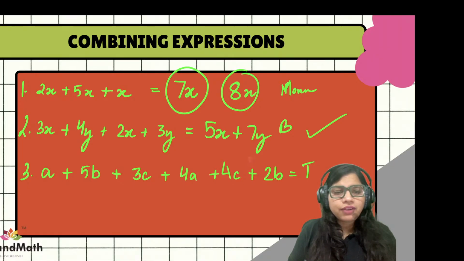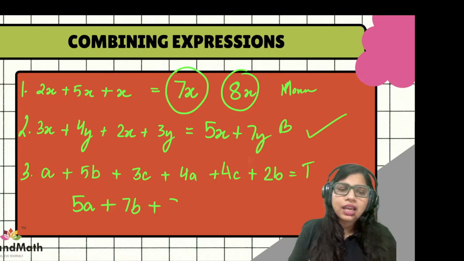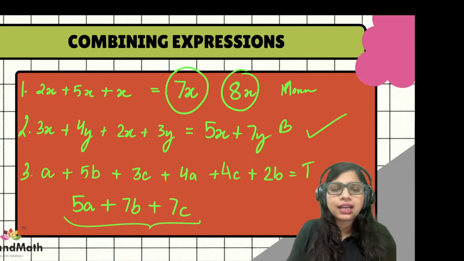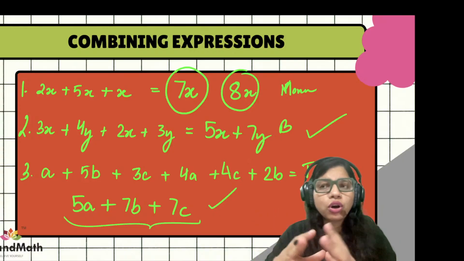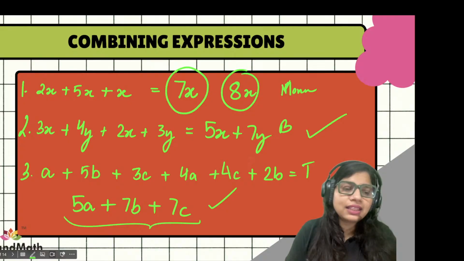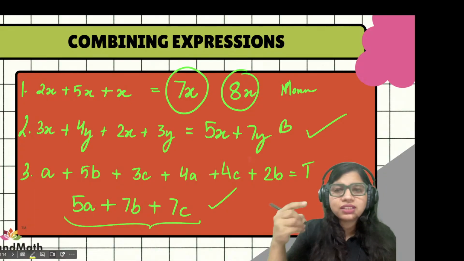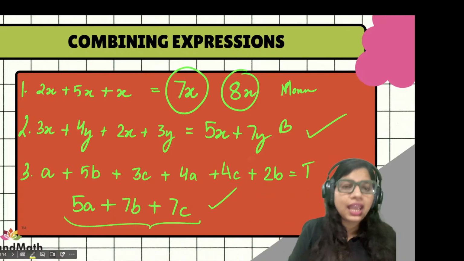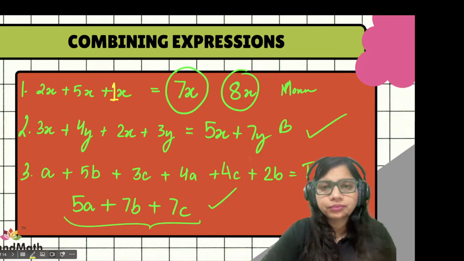A and 5a, 4a, that makes 5a plus 7b plus 7c, and that includes 3 expressions, and that is correct. So here we have discussed when all are positive. Arsalan, it was x, I think you missed that, and this is what we have discussed last lesson. Remember, Advika, this is where students make a lot of mistakes when x is there. This is the silly mistake, but yes, they do.